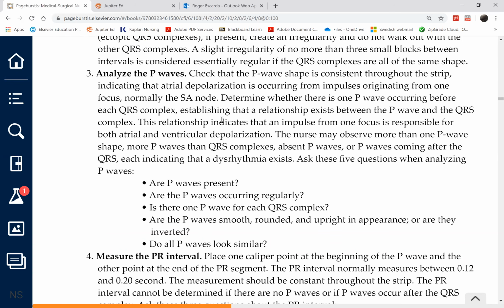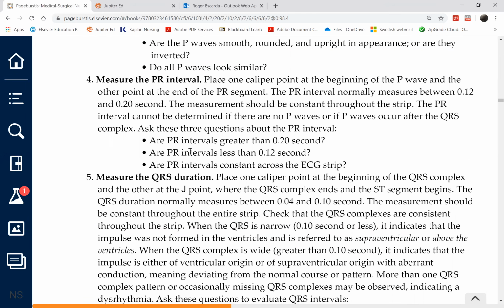Okay, very good. The P wave, as you know, represents atrial contraction. Plus, if you see the P wave, you know where this impulse came from? The SA node. So that's the significance of the P wave. Next is to measure the PR interval. Why is the PR interval significant again?